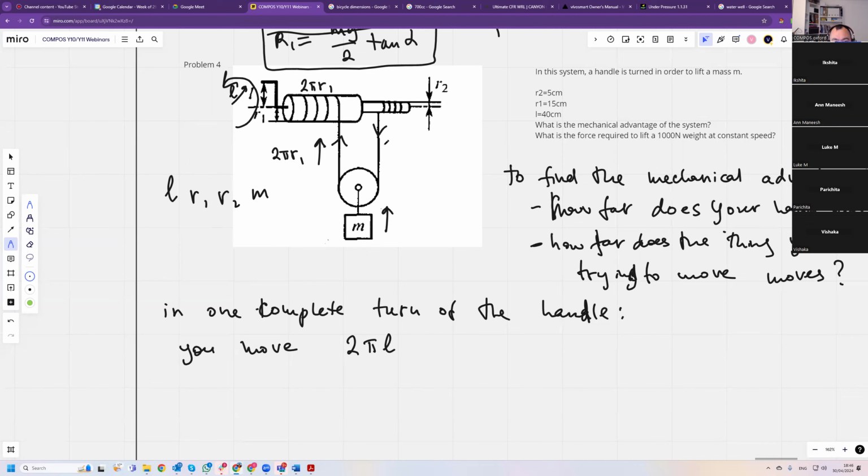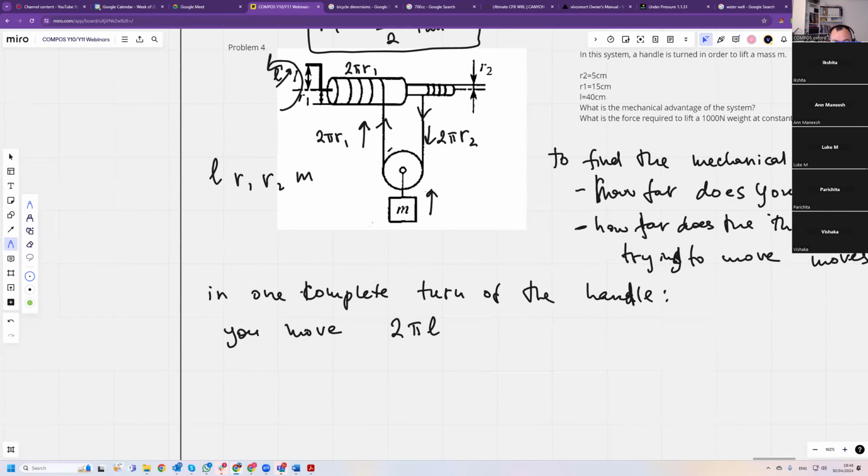This rope, on the other hand, goes down by 2 pi R2. So the left rope moves up 2 pi R1.